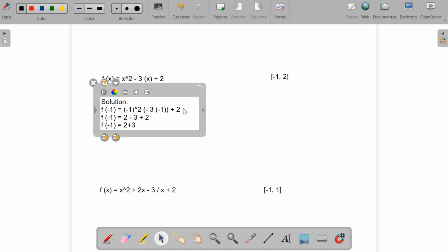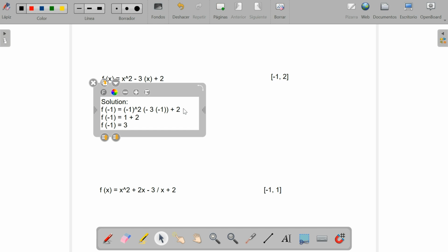Minus by minus is positive, but this one is greater than this one, and we're going to have a summation here. So this is like 2 plus 2 minus 3 is equal to 1 plus 2, and 1 plus 2 is equal to 3.